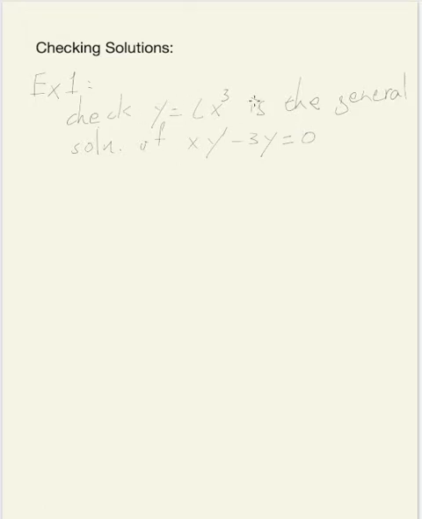Now all you do is plug the solution into the equation.